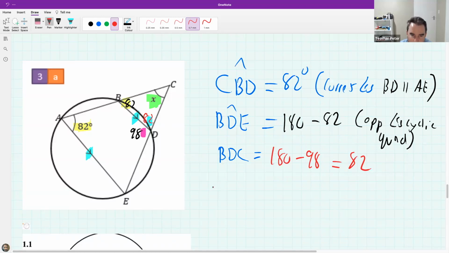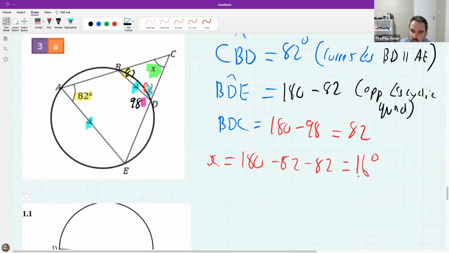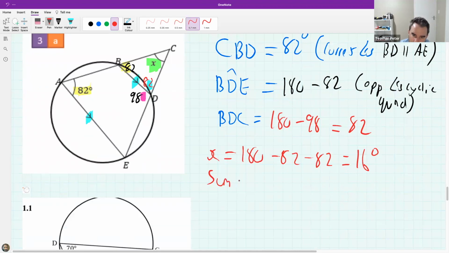Oh, and now I'm happier. So x is going to be 180 minus 82 minus 82, which is 164 taken away, which gives me 16. And that last reason was sum of angles in a triangle.